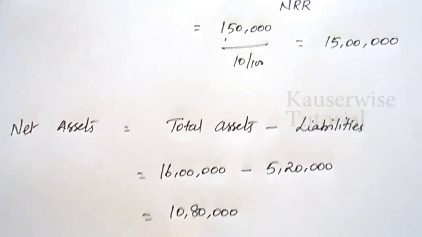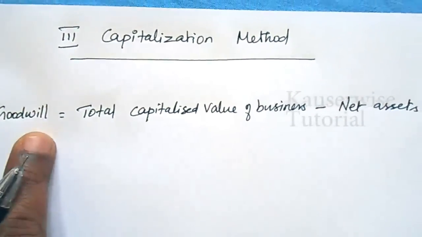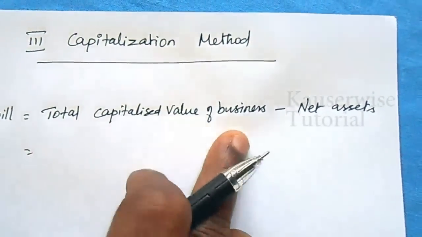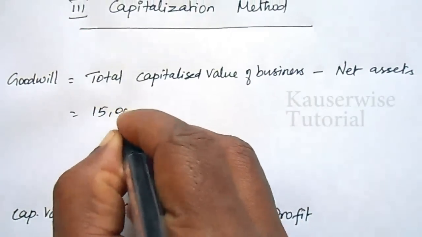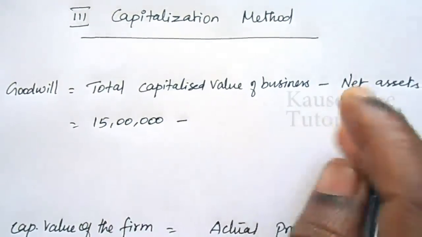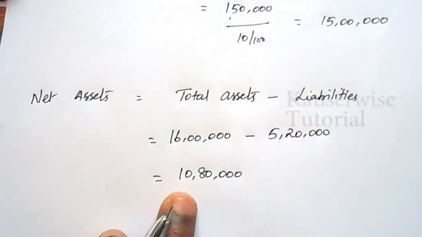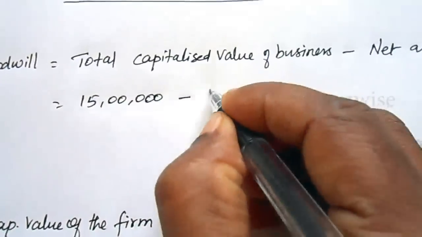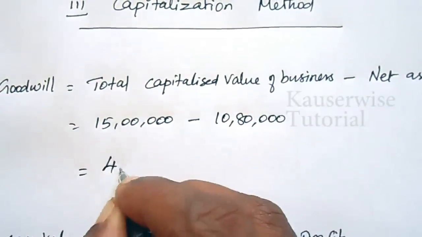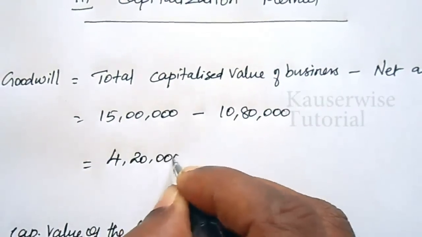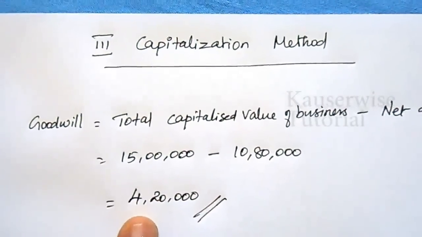Now find the difference between these two. Goodwill is equal to total capitalized value of the business, how much? 15 lakhs. Minus net asset. Net asset is 10 lakh 80,000. What is the difference? 4 lakhs 20,000. Goodwill amount is 4 lakh 20,000 according to capitalization method.